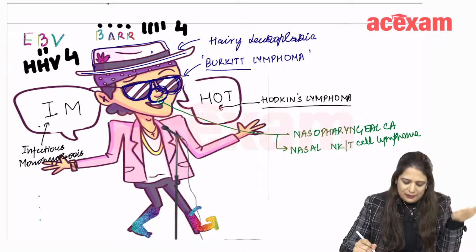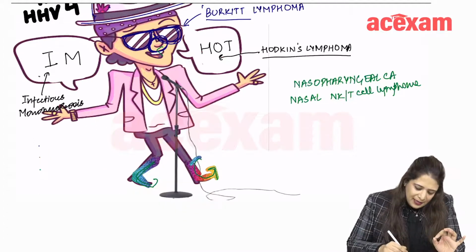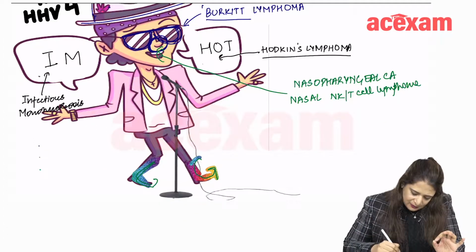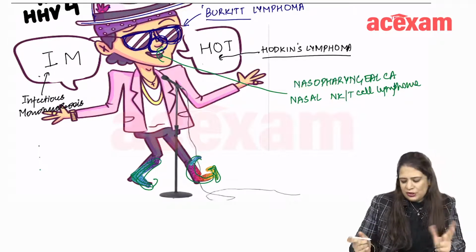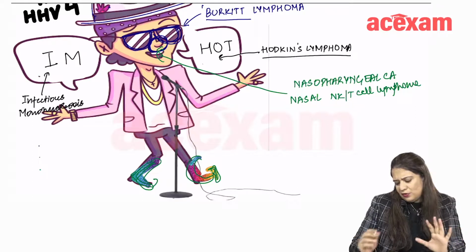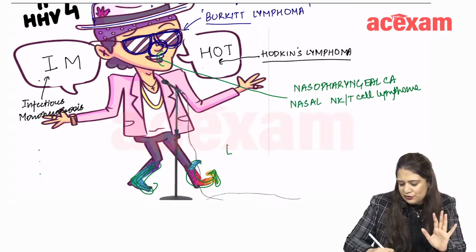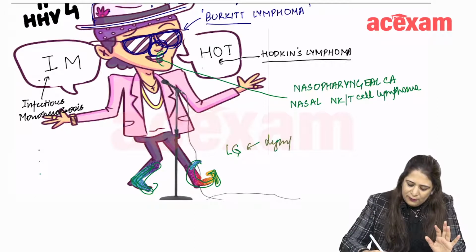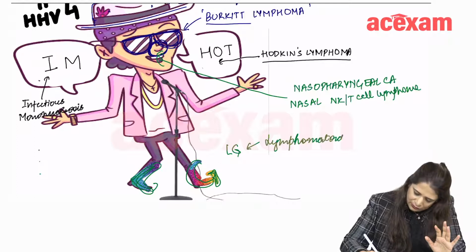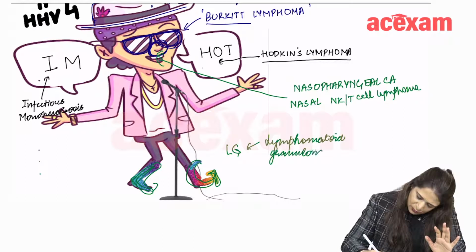Nasal NK T-cell lymphoma. Then again, if you look at his feet, he's wearing these kind of boots. And these boots, you can maybe try to resemble them to letters L and G. So it is also associated with lymphomatoid granulomatosis.